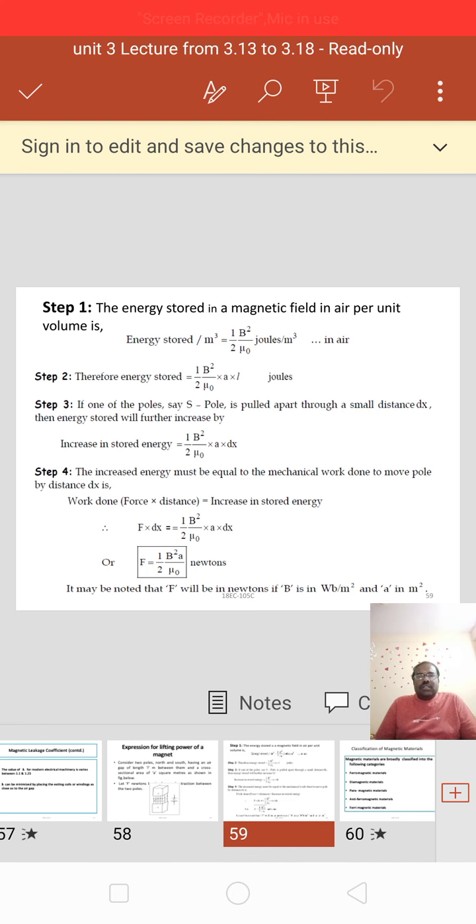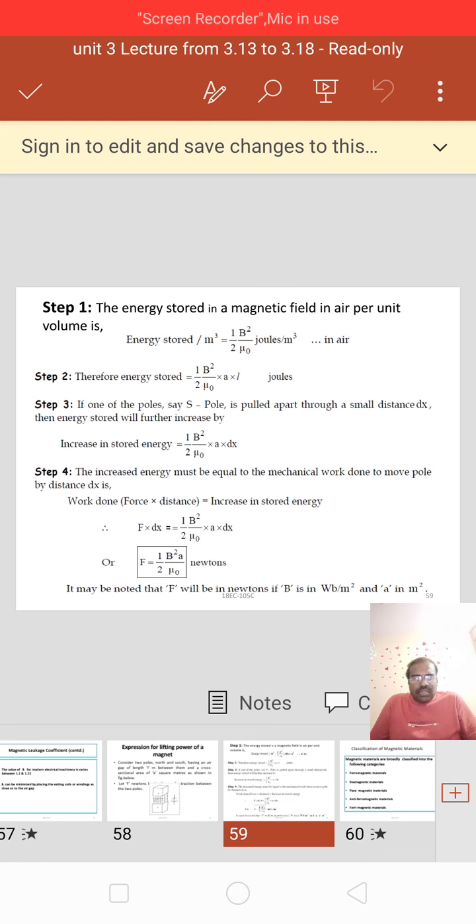Step 1. The energy stored in the magnetic field per unit volume, energy stored per meter cube, equals half B square by mu naught joules per meter cube in air. Here I have taken meter cube because the value is given in volume.